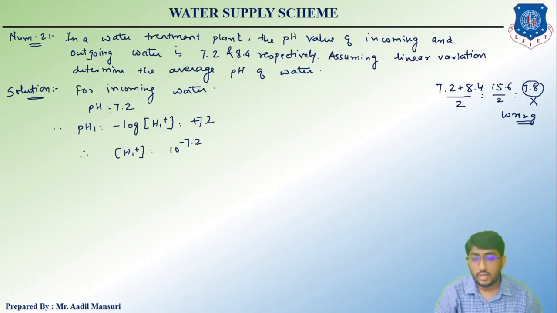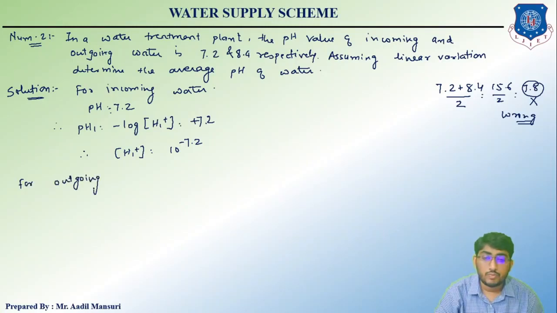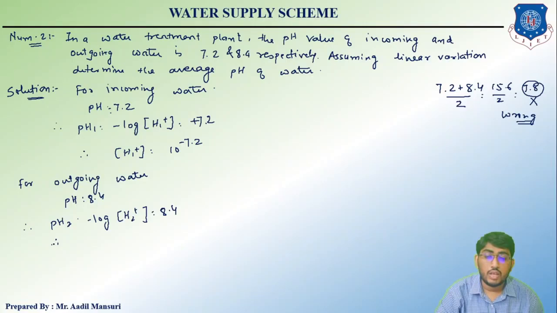Agree? Similarly for outgoing water, pH equals 8.4. So pH2 equals negative logarithm of H2 plus ion concentration equals 8.4, and therefore H2 plus will be 10 to the power minus 8.4.